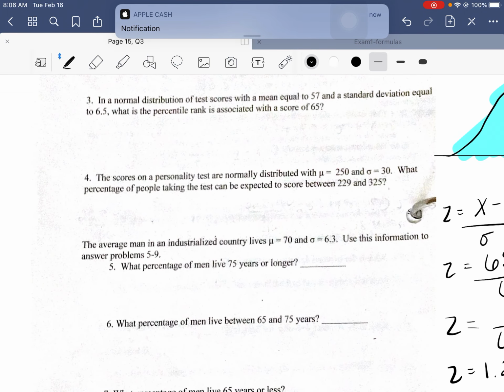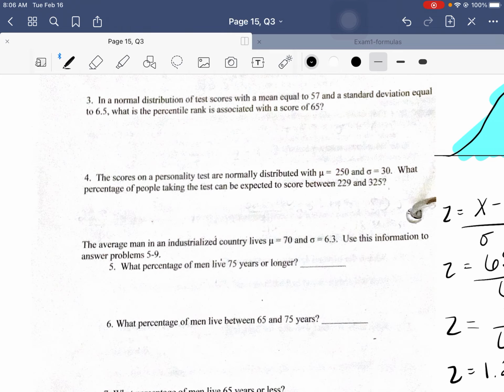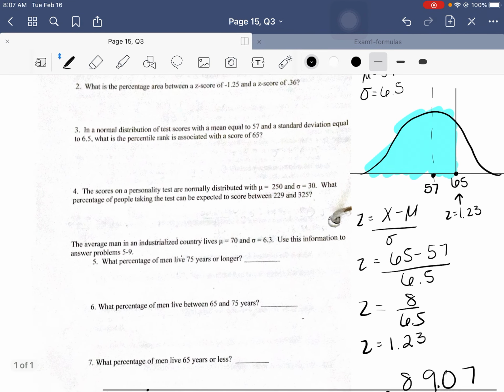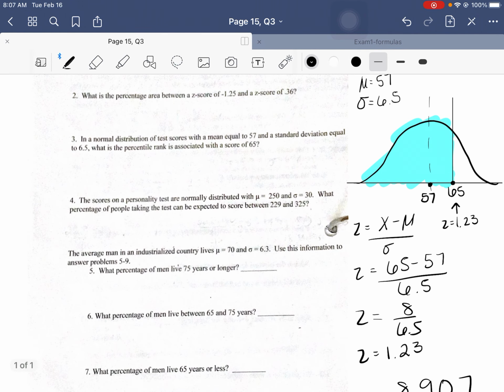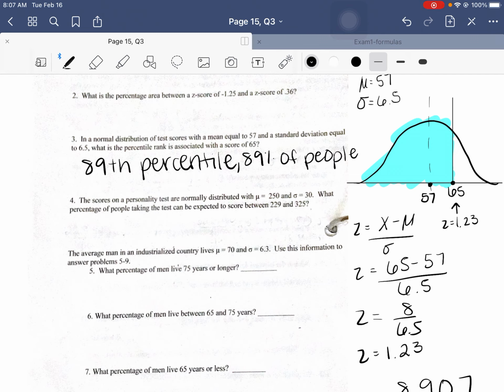So our answer here is the 89th percentile. And the way that we would interpret that is 89% of people scored a 65 or less.